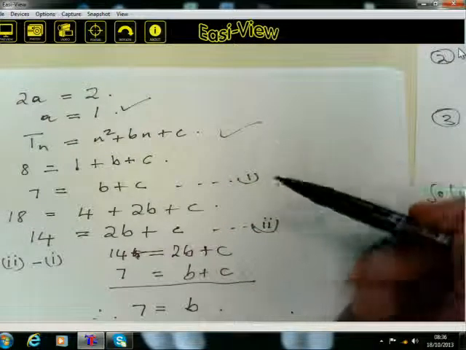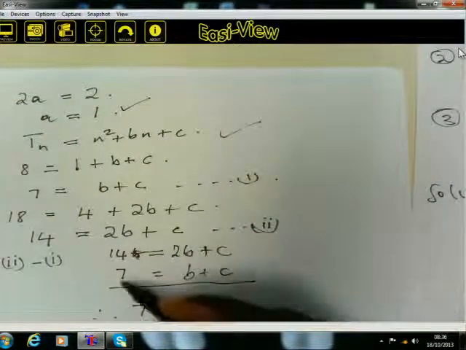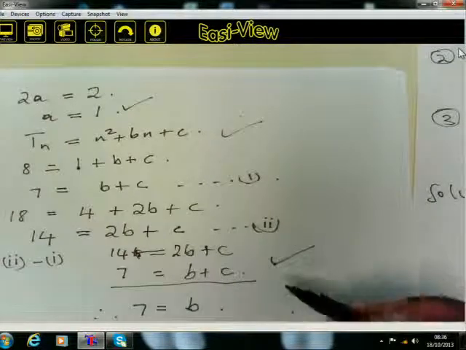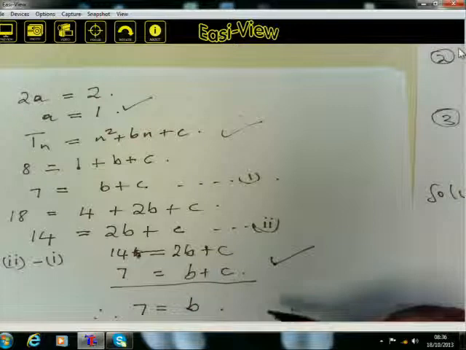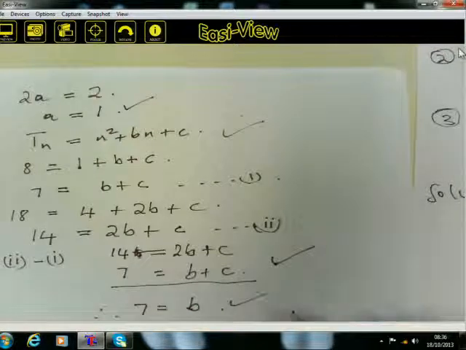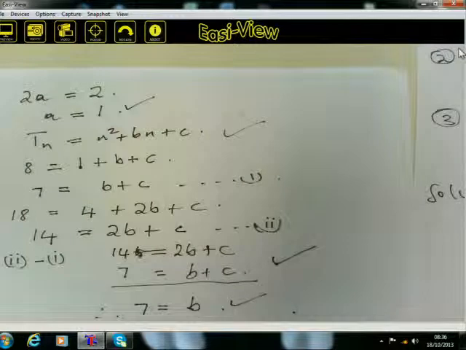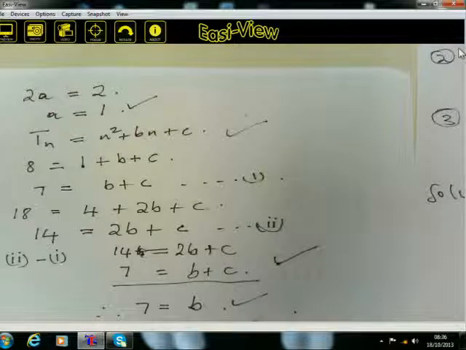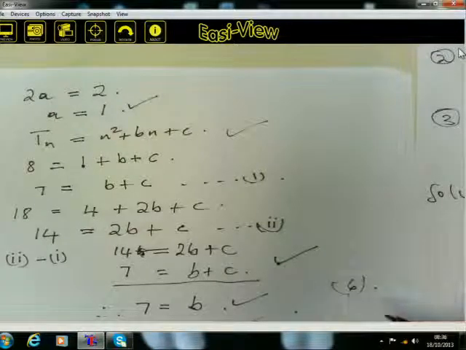And then solving the simultaneous equation here, you are going to get a mark. And then the value of B, a mark. The value of C, a mark. And then the general term also is going to be a mark. Right? Now this is going to count 6 marks.